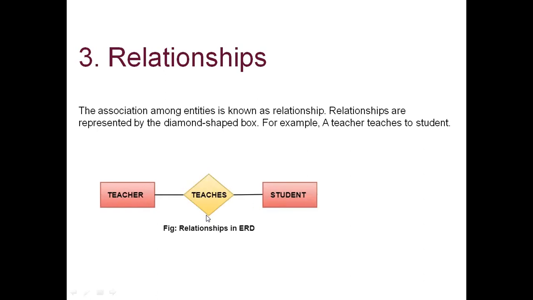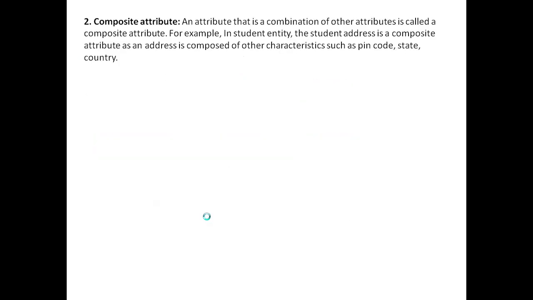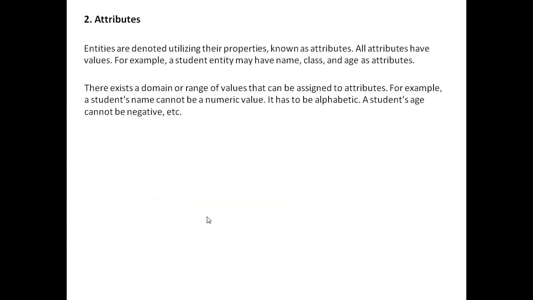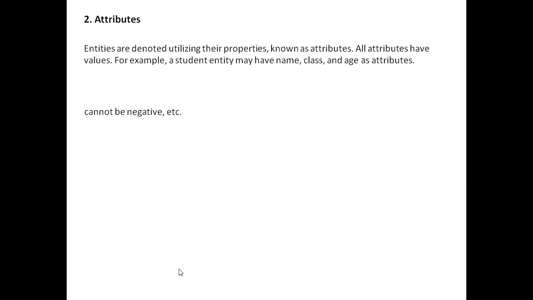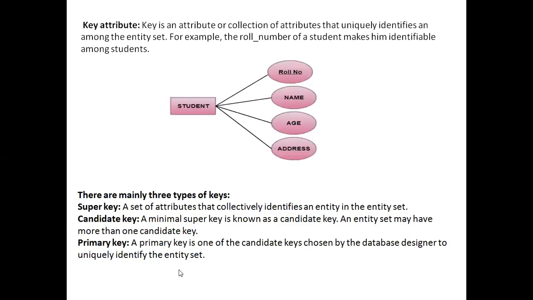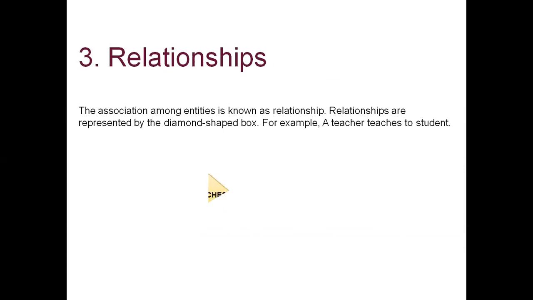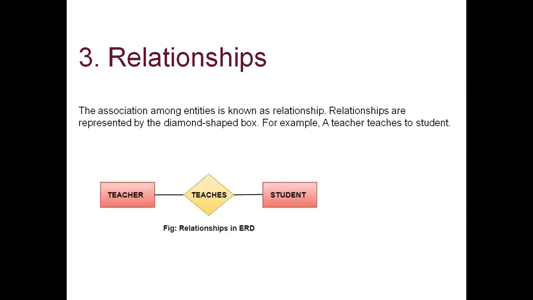And as we learned before, employee works for department. Working is a relationship between employee and department. So here teacher and student are entities and teaching is a relationship between these two entities.